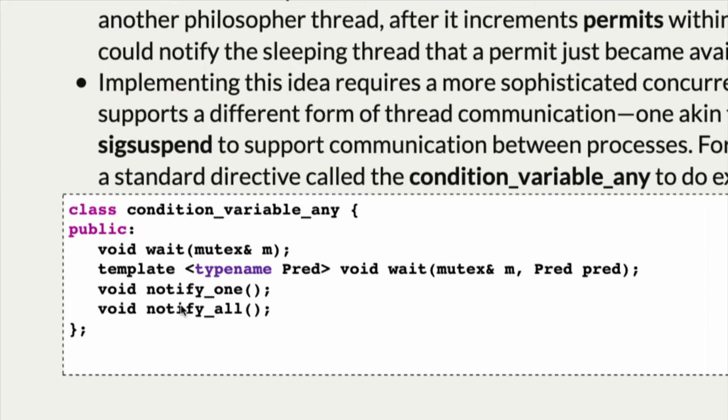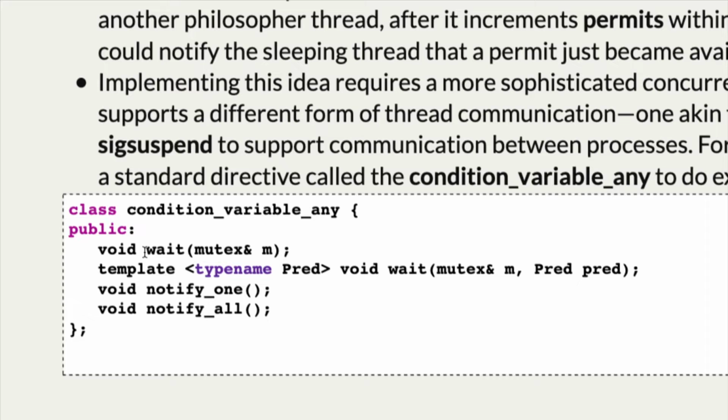But here's what happens. You declare a condition variable any, and it has a wait function in it. It actually has two wait functions. We'll talk about the second one in a minute. But it takes a mutex variable as the parameter for wait. So you have some lock that you've locked. Then you call this condition variable any wait function with that lock.